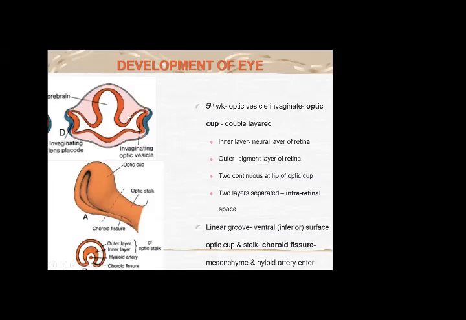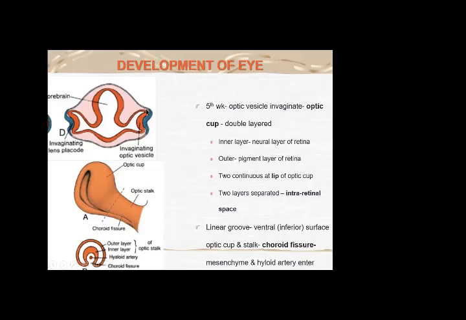Now the two layers, the inner layer of the optic cup and the outer layer of the optic cup, are continuous at this level over here. This we call the lip of the optic cup, where the inner and outer layers become continuous with each other.